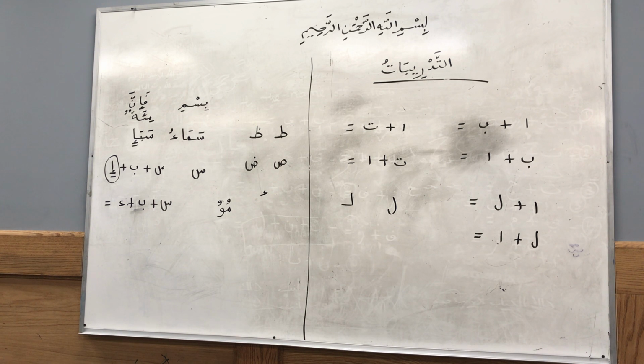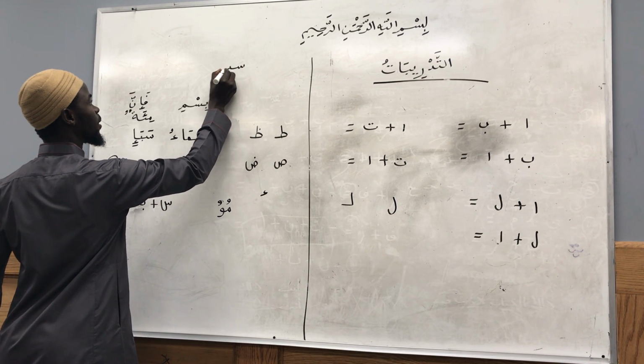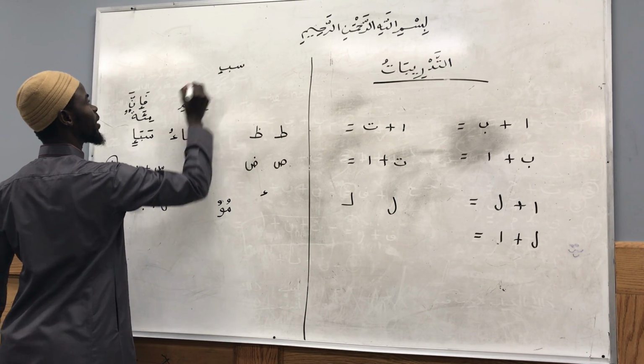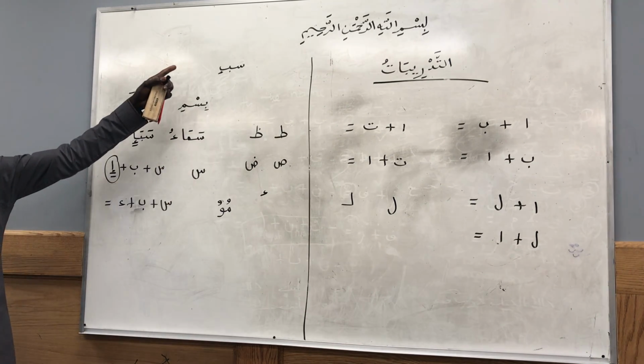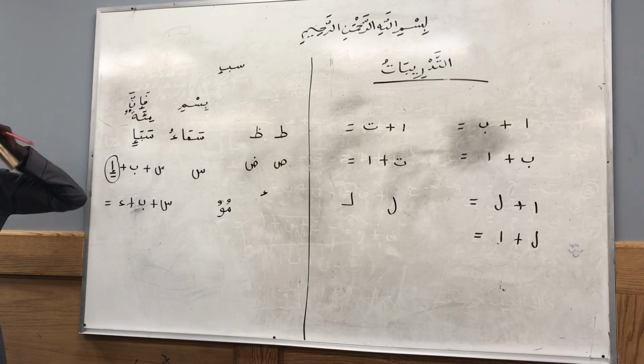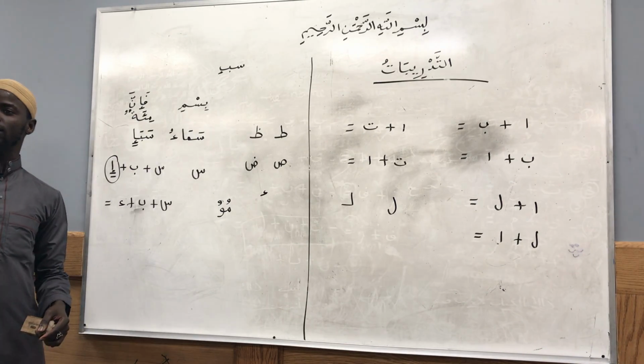Why do I have a problem with the Ba? You have a problem with the Ba because you made it like this, Ba, and you put the Hamza here. That means you have a problem with the Ba, or you have a problem with the Hamza.